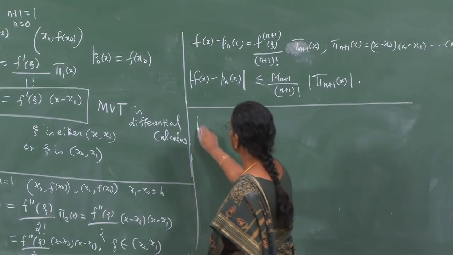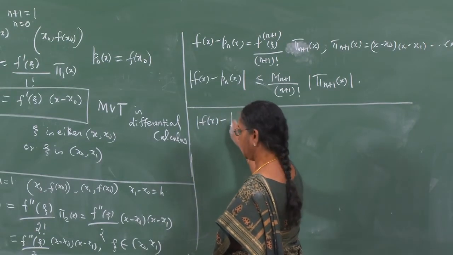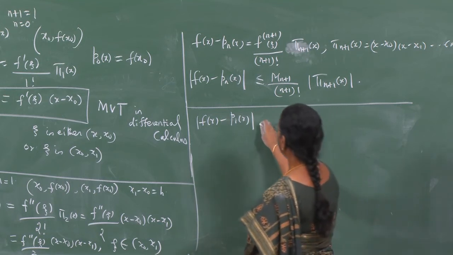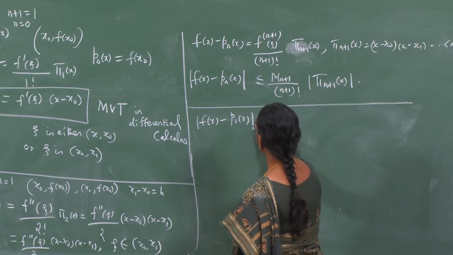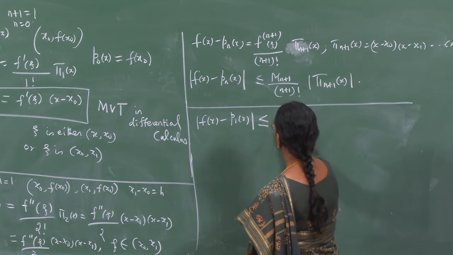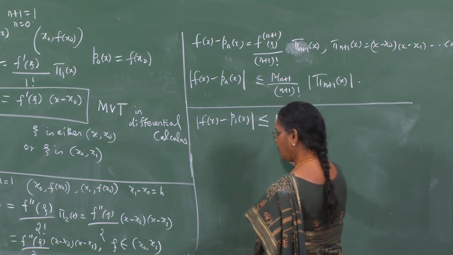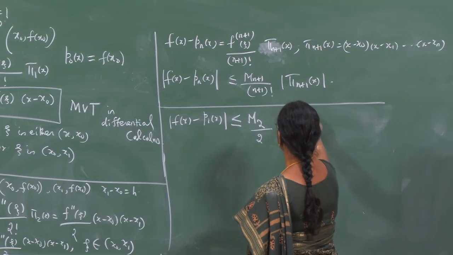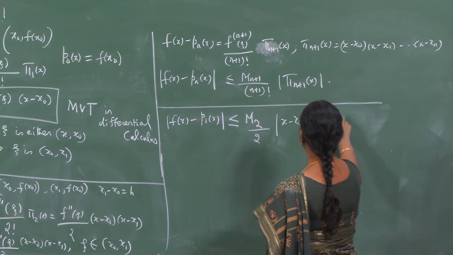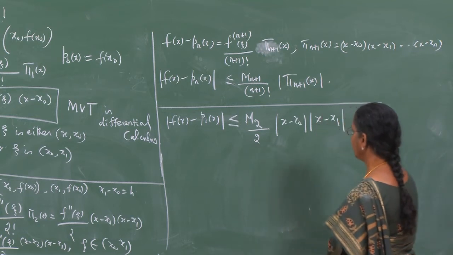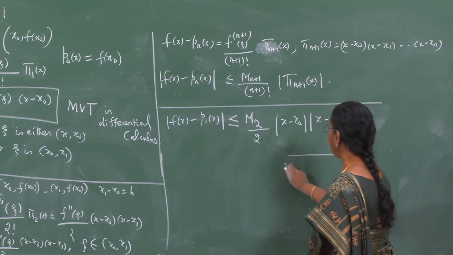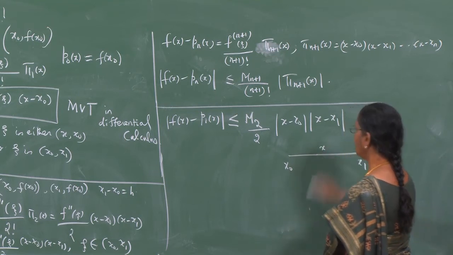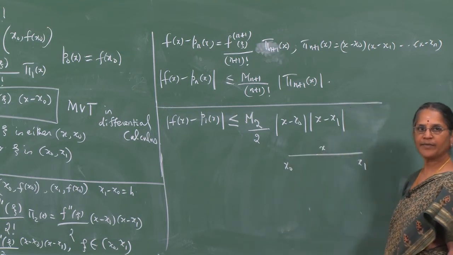I want modulus of f of x minus p1 of x. So, that will be less than or equal to m2 by 2 into modulus of x minus x naught into modulus of x minus x1. So, I am given information at x naught and x1, x is some point in that interval.